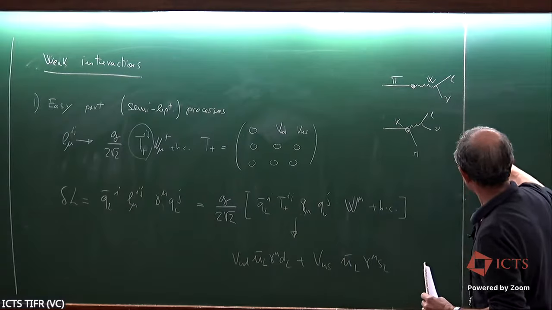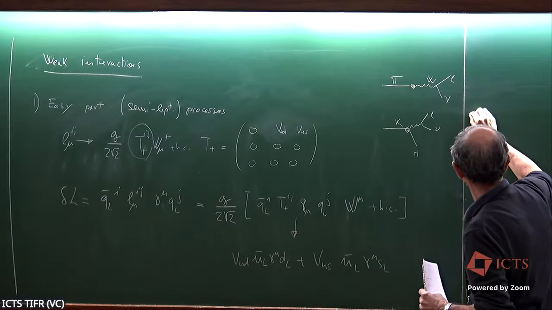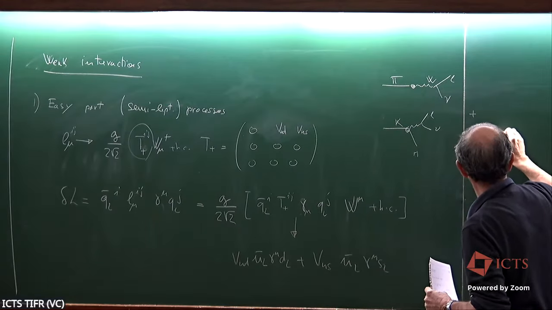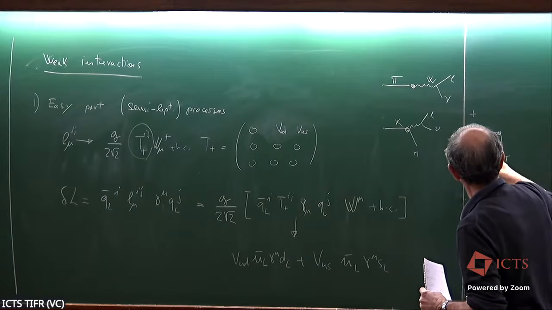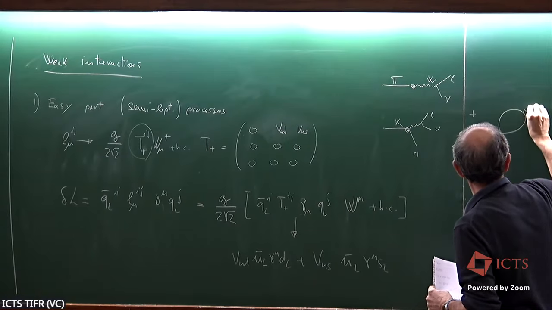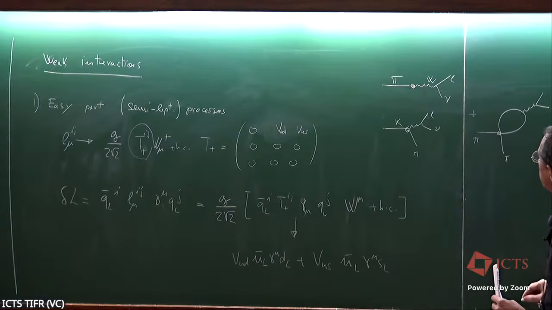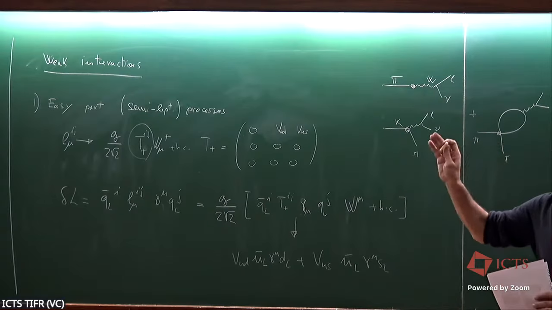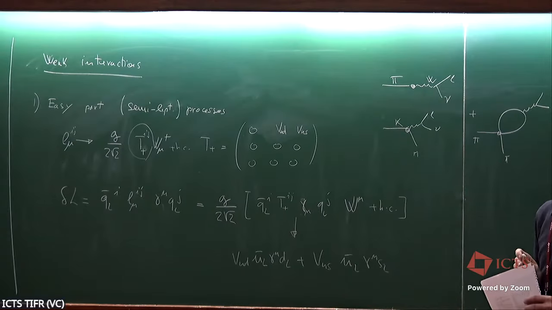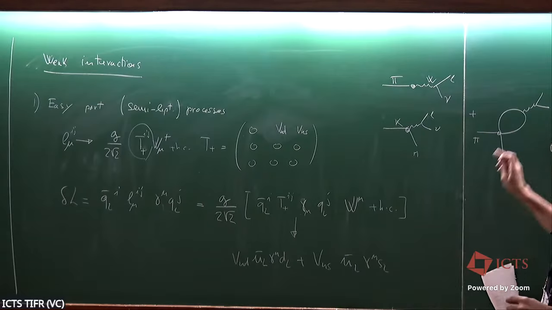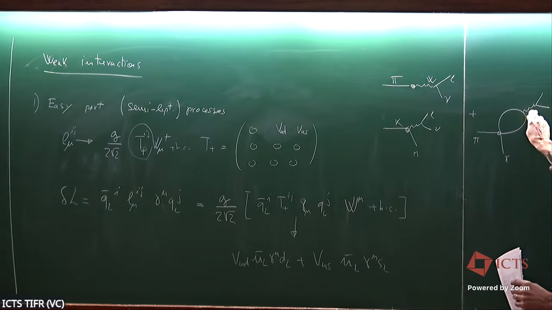And not surprisingly, you can go to higher order. For instance, here we will have this, which is exactly the same calculation we did for the pion form factor. So this is still a vector current in this case.